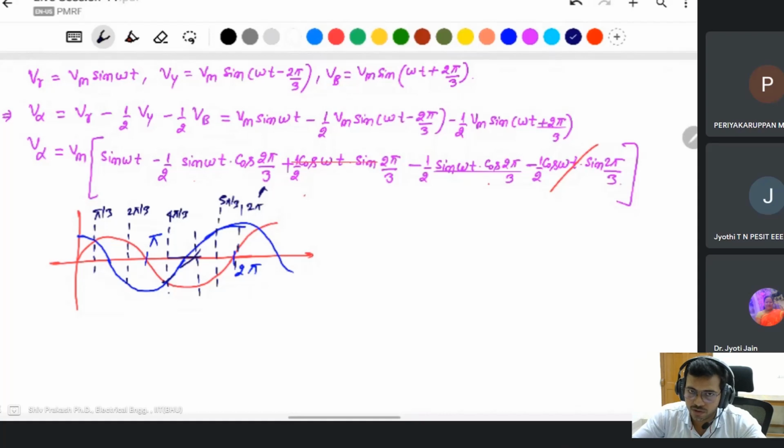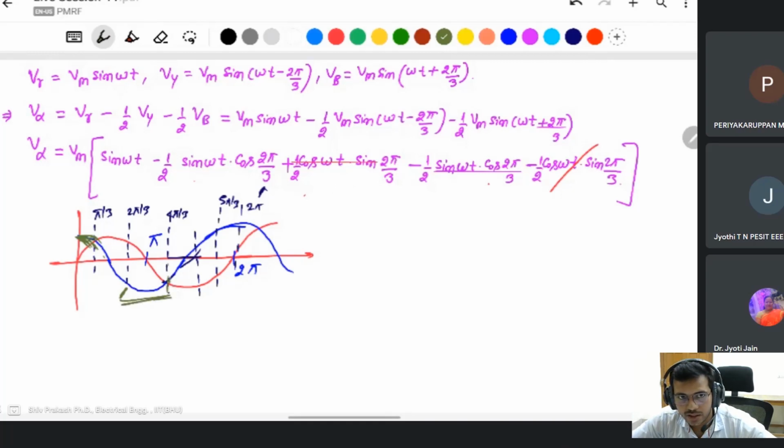If you have confusion in cos and sine, and what is positive and negative, know that the value at 60 degrees is 0.5. There are some differences. This is 2 pi by 3, negative in cos. Then 4 pi by 3 is also negative.